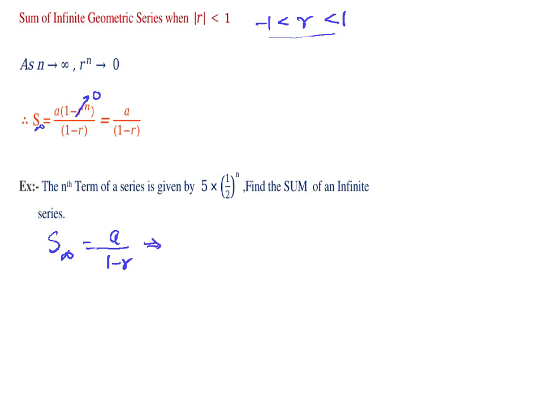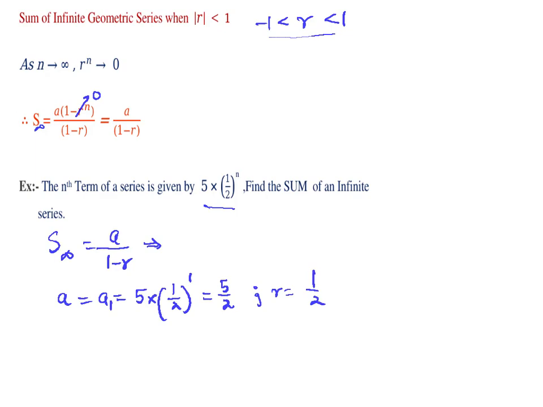On applying the formula, first of all we have to identify the value of a. A is nothing but the first term, which we get by putting n equals 1 in this expression. So we will get 5 by 2. And r is 1 by 2.